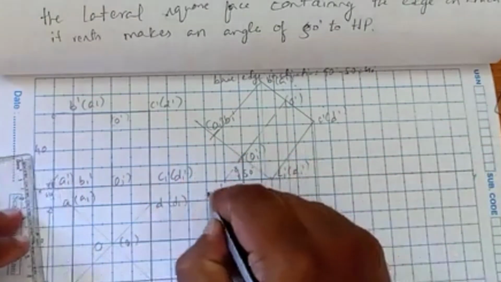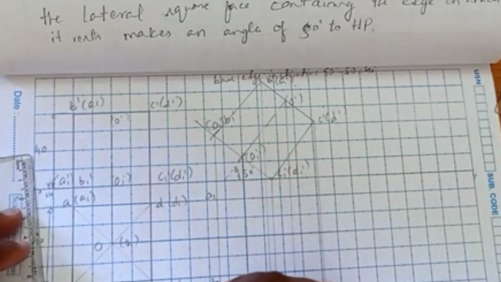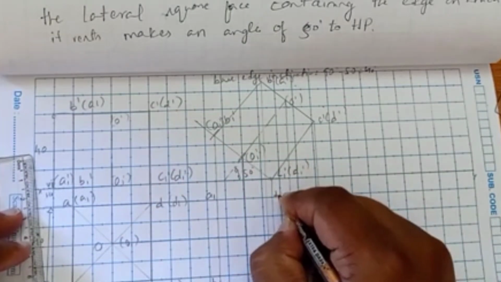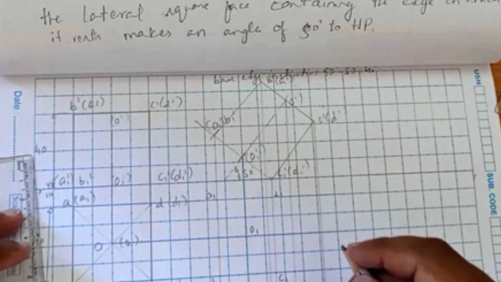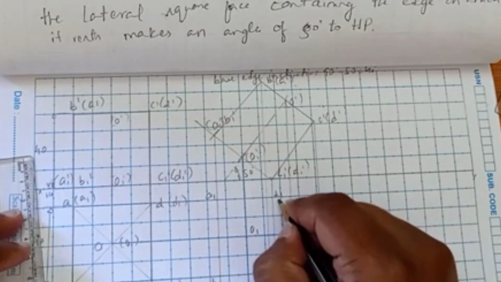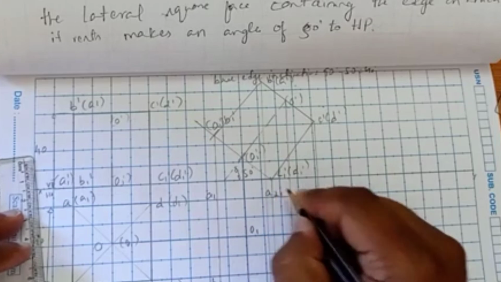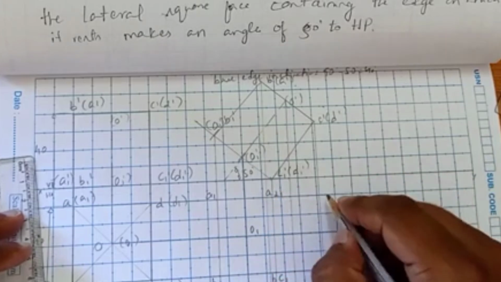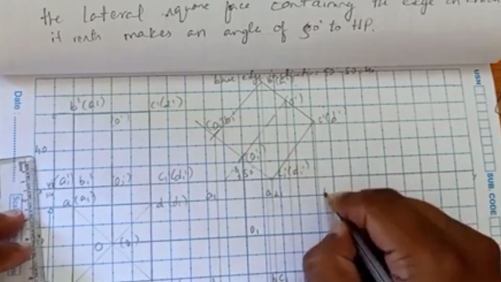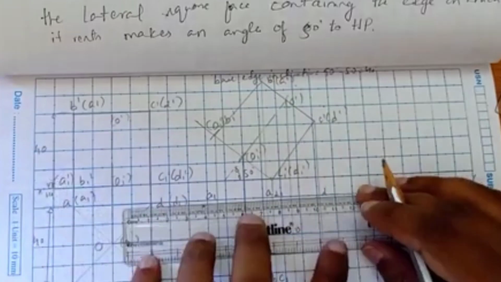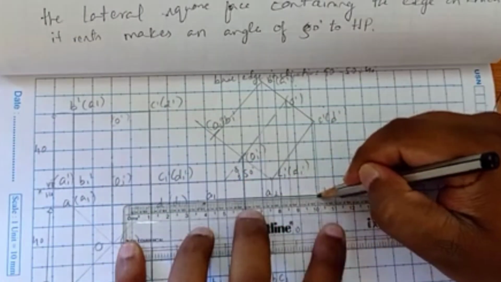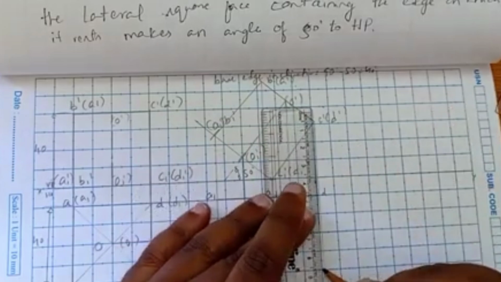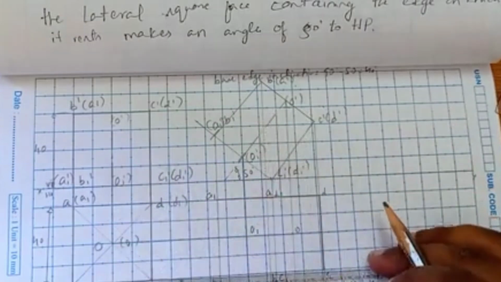So we can write here this is E1, B1, C1, D1, this is O1. Similarly we have this is A, this is B, this is C, this is D, and this is O. So first we construct an outer boundary line here. Outer boundary line we are constructing.